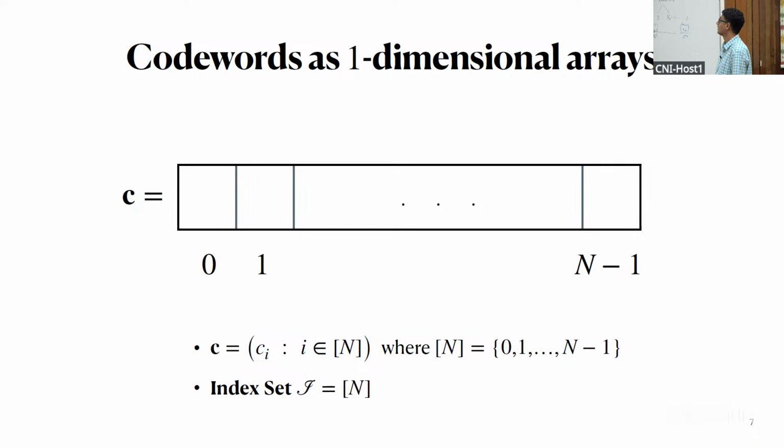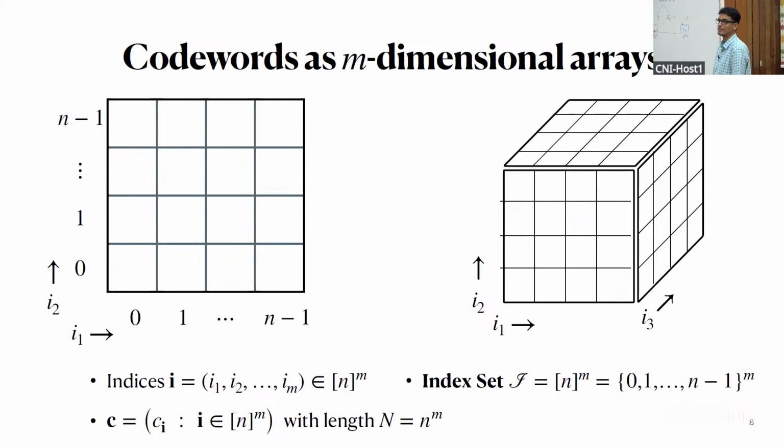What I would like to do is maybe think of code words as multi-dimensional arrays. Maybe you can start with a 2-dimensional array. So the number of columns is n, and the number of rows is also n. So you have a 2-dimensional index set, I1, I2. I1 takes n different values, 0 to n minus 1, similarly for I2.